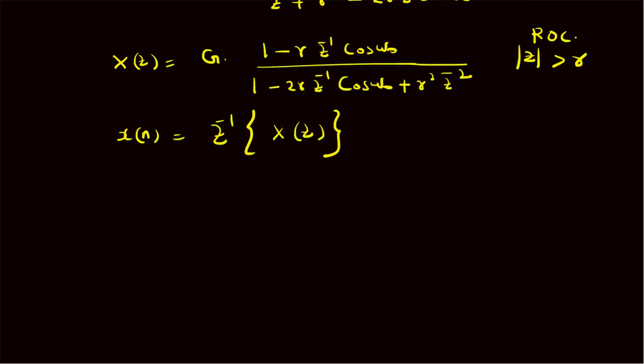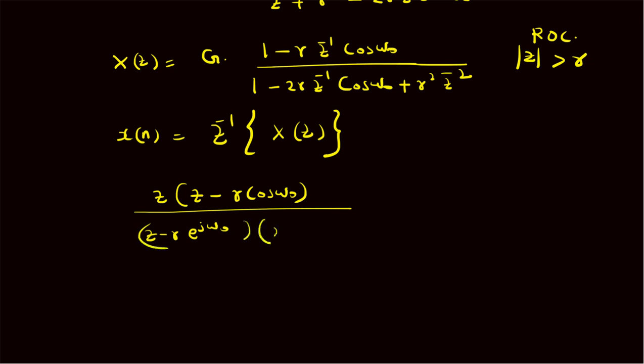So by applying partial fractions to the given Z transform, the next step is to write the following expression using partial fractions. We have the Z transform in factorized form, z into z minus r cos omega naught over z minus r e power j omega naught multiplied by z minus r e power minus j omega naught.